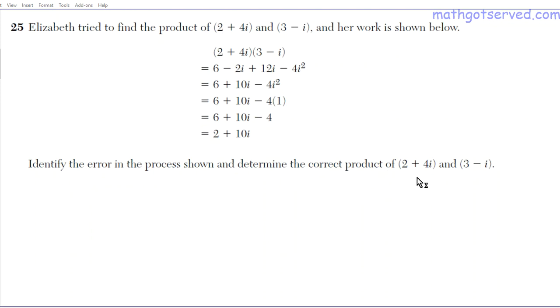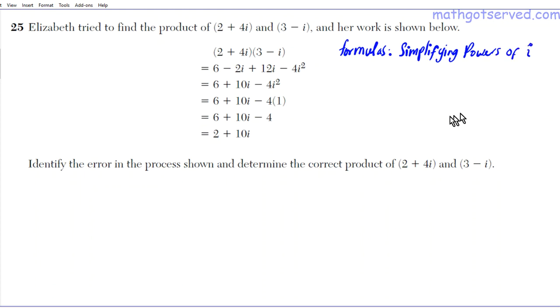Alright, before we start, let's go ahead and do a real quick review on the formula for reducing powers of i. Okay? Reducing or simplifying powers of i. So let's do a real quick review on the formulas on simplifying powers of i.